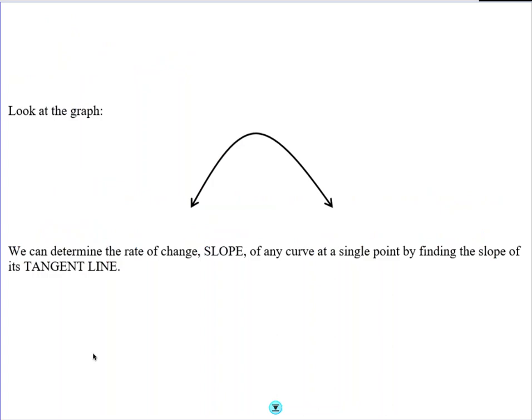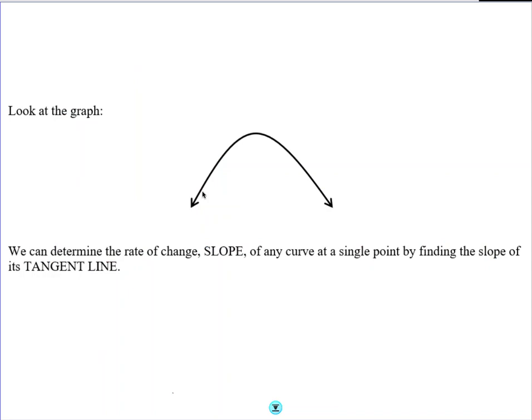First, let's take a look at this graph here. If we want to talk about the slope of this graph, it is different than talking about the slope of a linear equation because the slope changes. So when we are looking at the slope of a curve, we are looking at the slope of the line tangent to the curve at a given point.